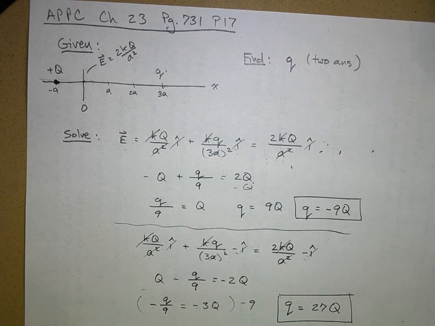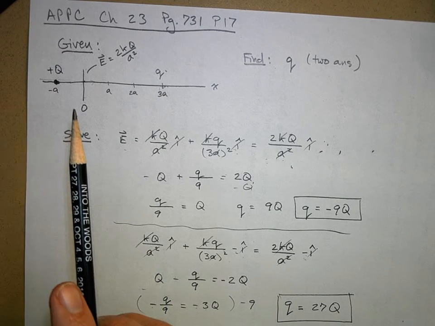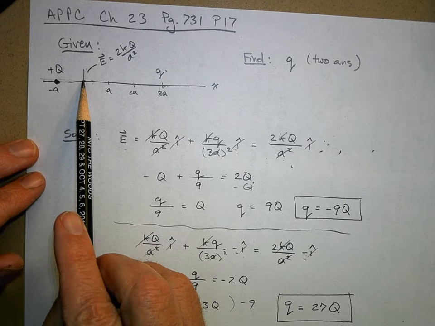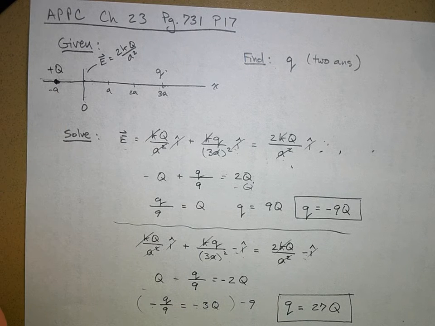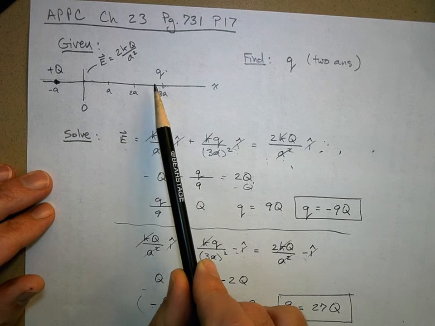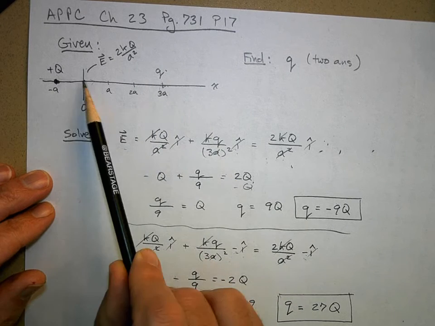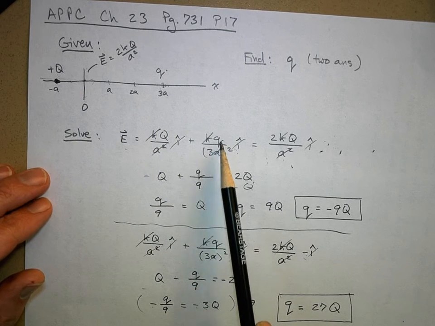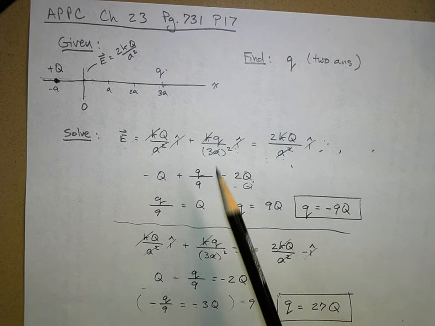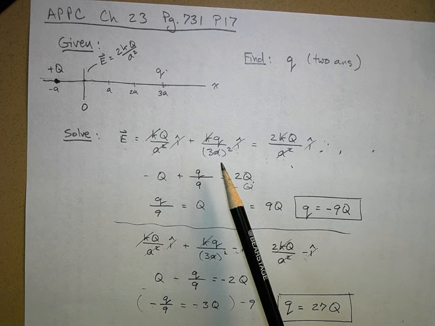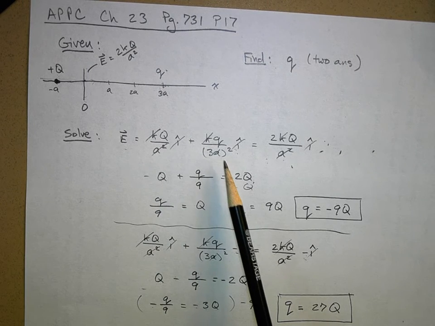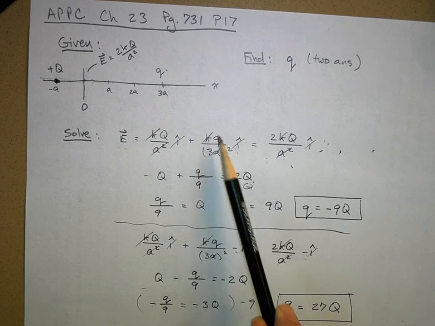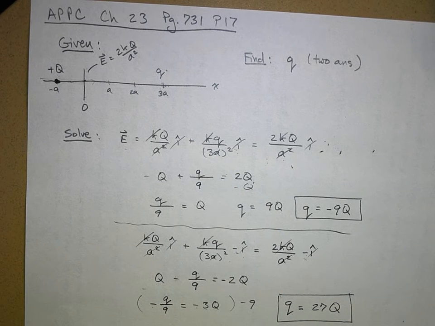Remember, the sign of the charge, whether it's positive or negative, only determines the direction of the electric field at the origin. So if you say this charge is negative, then this will be in the positive i hat. By the vector nature of it, you've already said that it's a negative charge. So here we're just solving for the magnitude of that negative charge, and you just put the negative in there at the end.